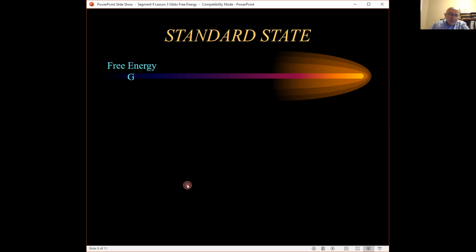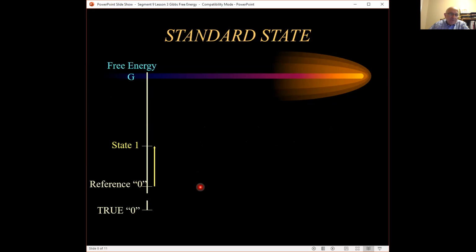Now suppose we did the same thing, but let's imagine there is some configuration up here that we could call a reference state, and we just say that that's 0. Well, then I could measure the distance from that 0 state that we can define up to this state, and that would be the free energy for state 1. Then I could measure the energy to go from this reference state to state 2, and then I could take state 2 minus state 1 to give me the delta G for the process.